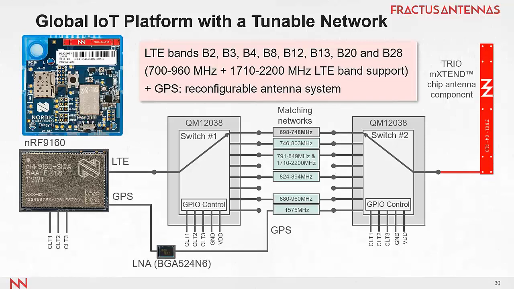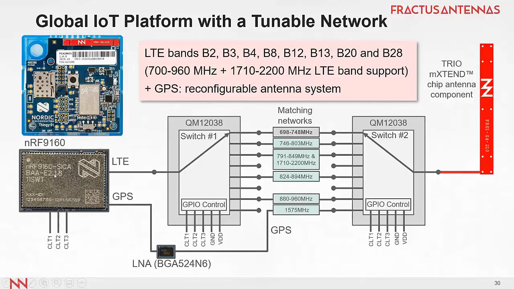So in order to achieve all this bandwidth, what we propose is a tunable architecture based on this scheme. We have the front-end module, the transceiver from Nordic Semiconductor, with 2 IOs. One input-output port is for transmitting and receiving LTE. The other input is for receiving the GPS signal.